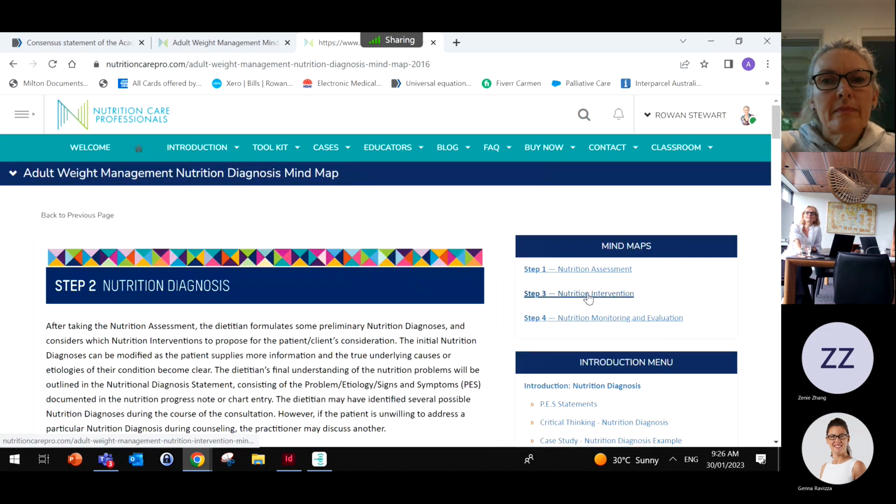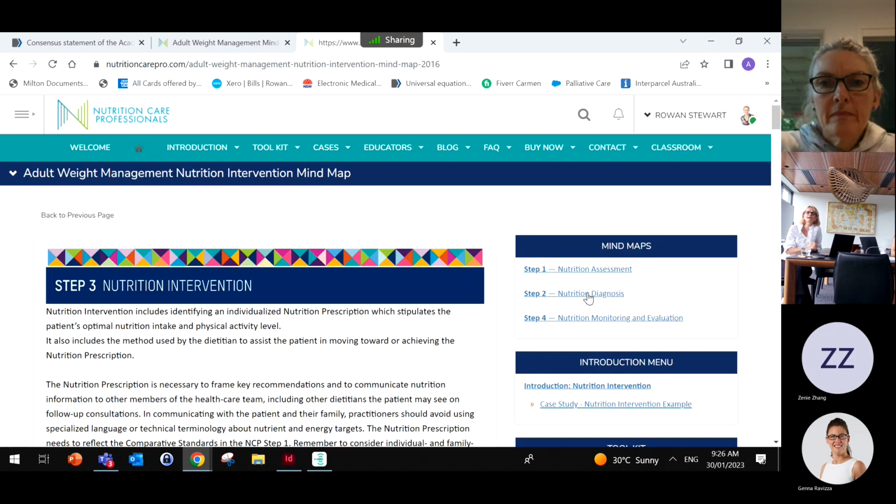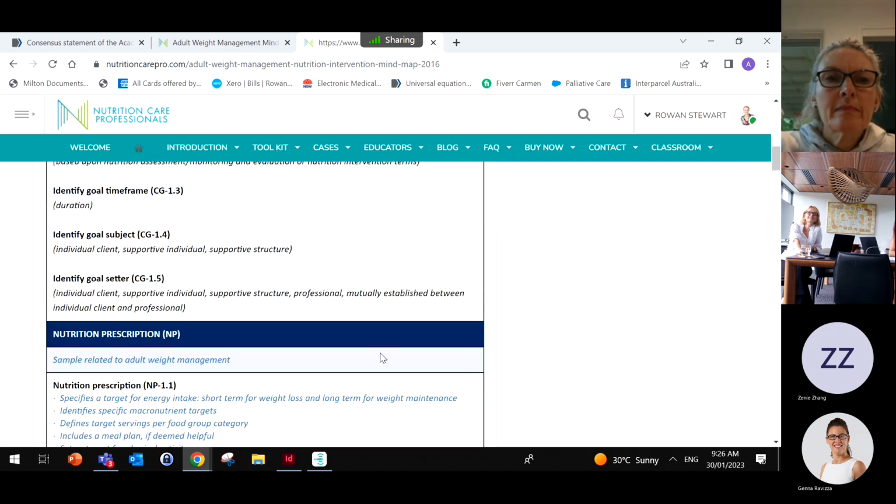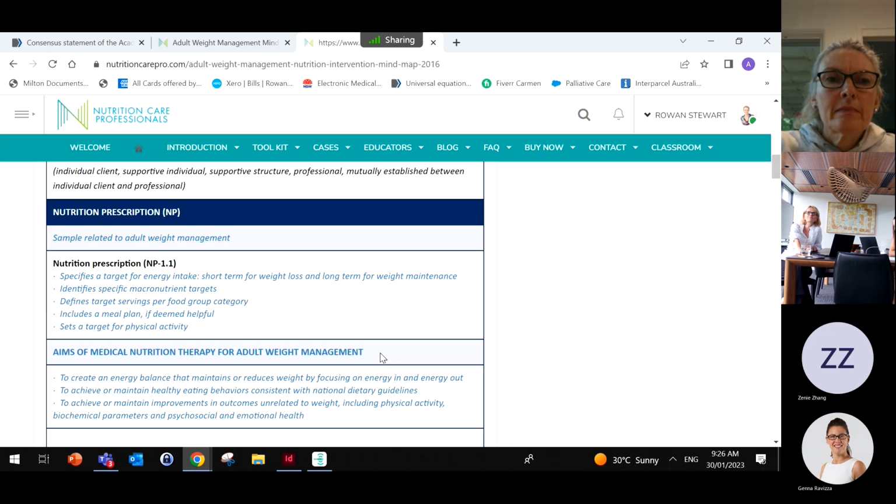The next thing we look at is nutrition intervention in terms of the terms and codes. And you'll notice in nutrition intervention, a lot of blue rather than a lot of black. So we provide you with an abundance of information from the dietetic literature about how to treat the condition.